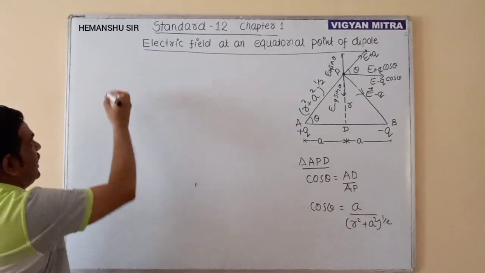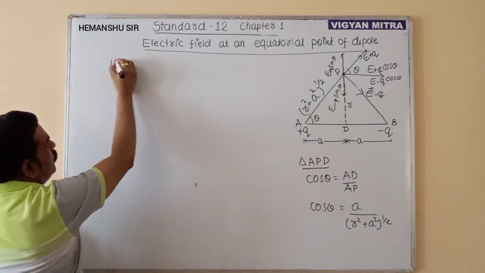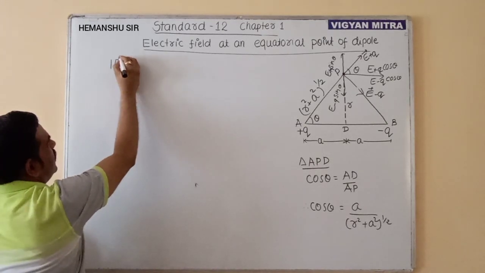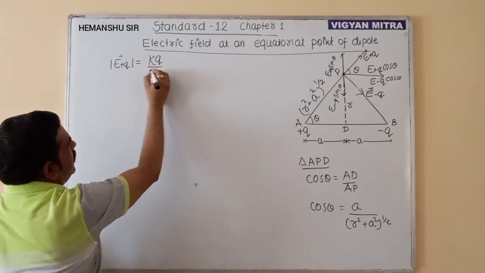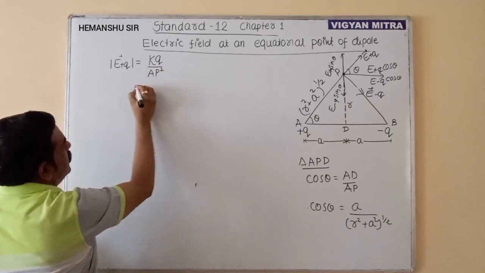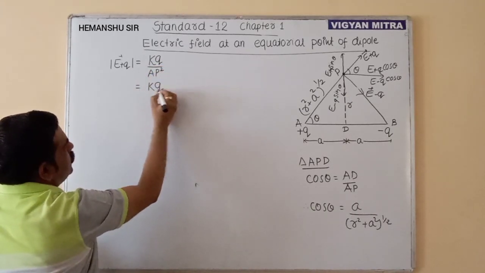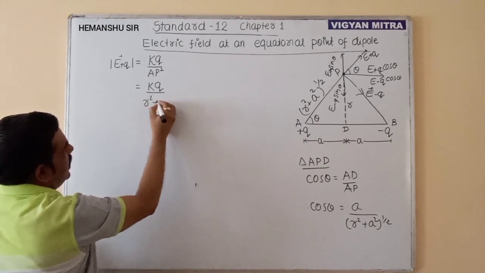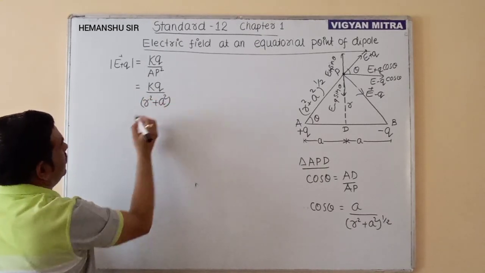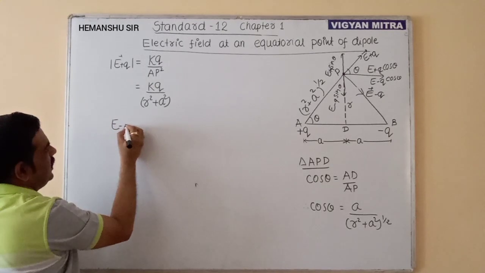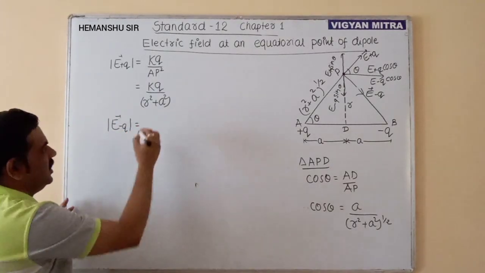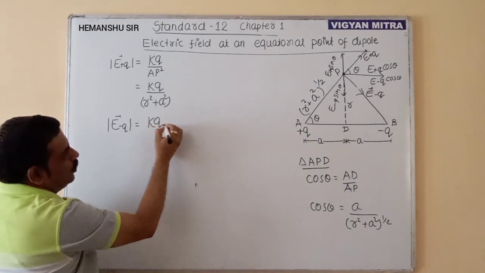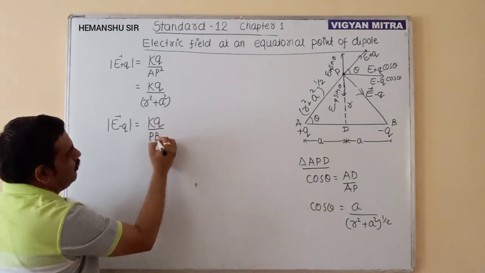Now, the magnitude of the electric field due to the positive charge is given by KQ divided by AP square. So it is KQ divided by (R square plus A square). Similarly, the magnitude of the electric field due to the negative charge is KQ divided by PB square.